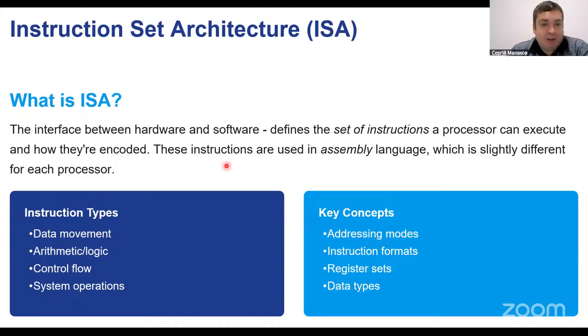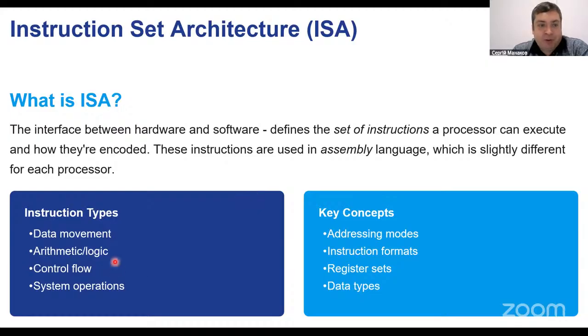Okay. So, the so-called instruction set architecture. Our processor, for each specific model of a CPU, has its own set of instructions. These instructions are used in assembly language, which is slightly different for each CPU.